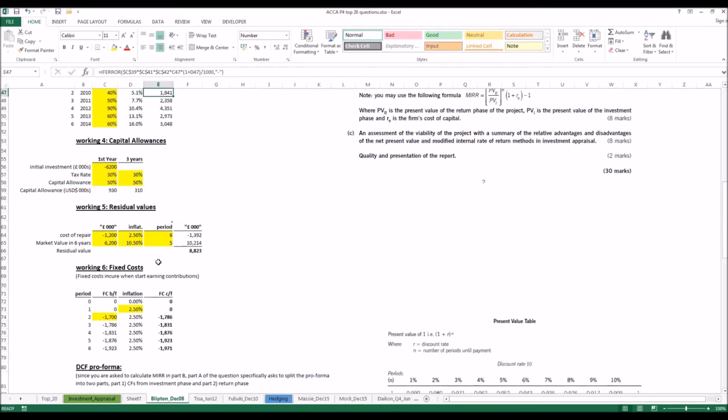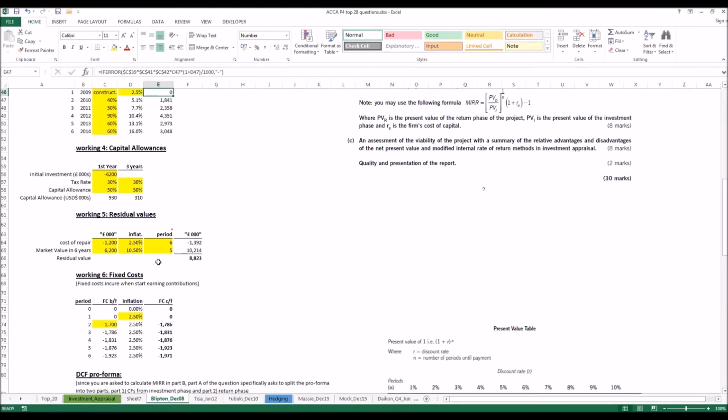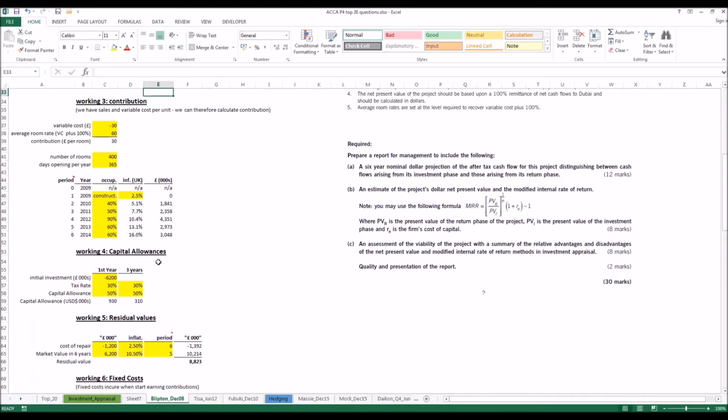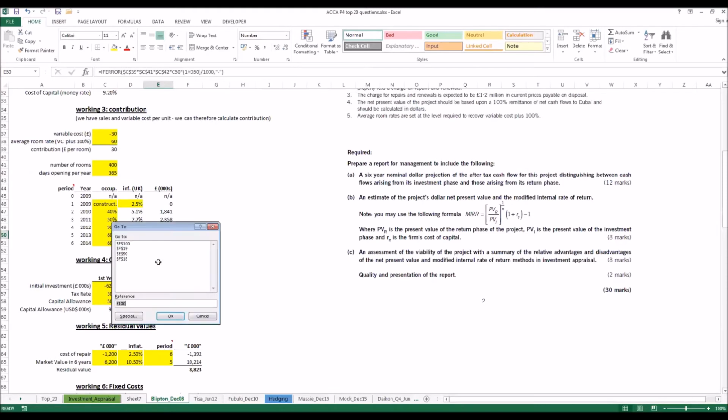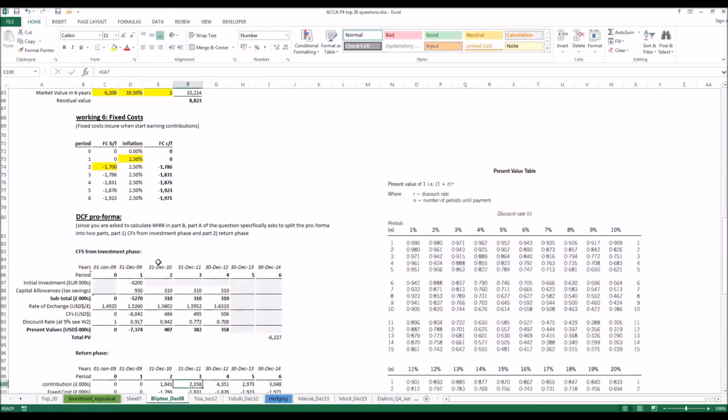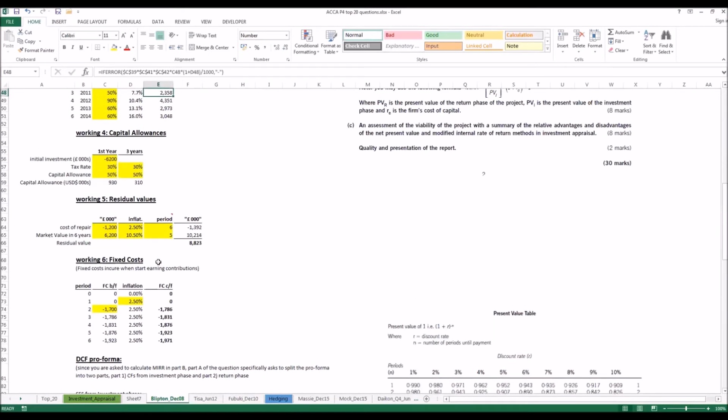again, we already calculated what the contributions are year on year in working 3. So that's 2.3 million. That's coming again from the calculation at the top here.